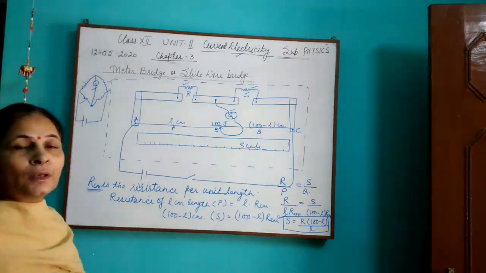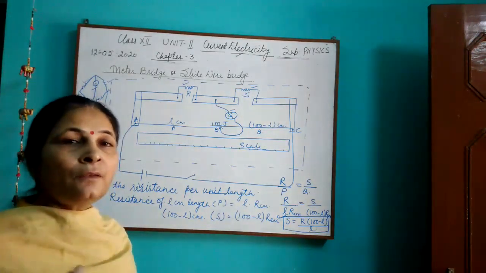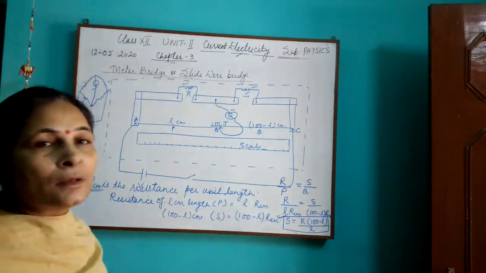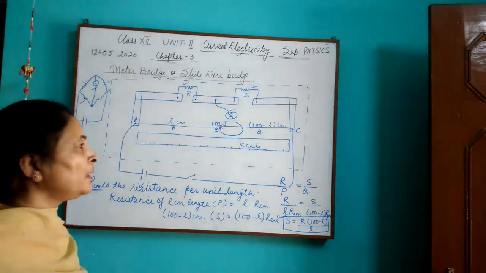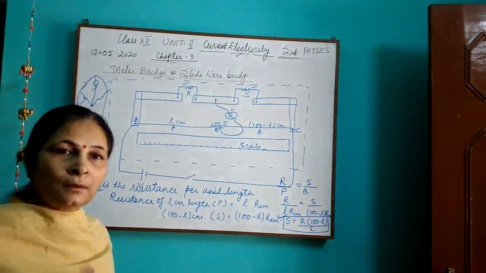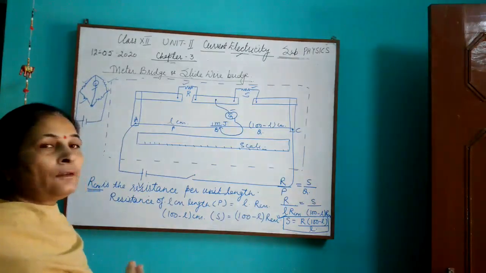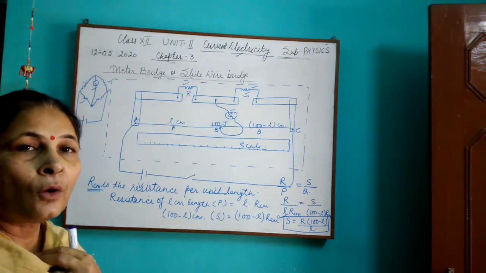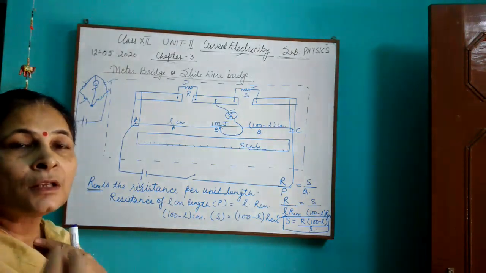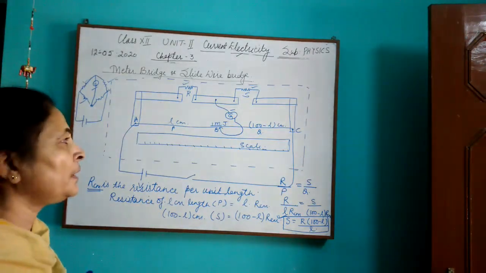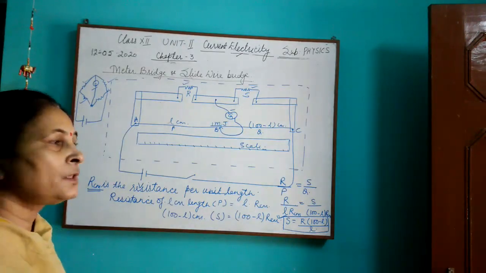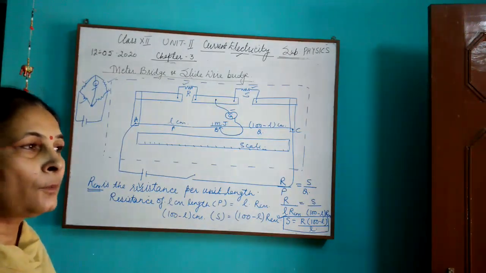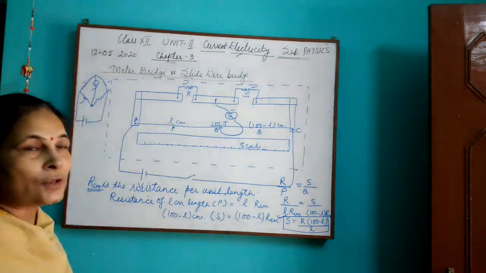Then comes the working. Now in working, the main thing which you have to write is the null point. This sentence must be included in the working: when no current flows in the circuit, that is, null point or zero deflection, any one of these shall be included, that the jockey is moved on the wire so that there is no deflection in the galvanometer or null point is reached.